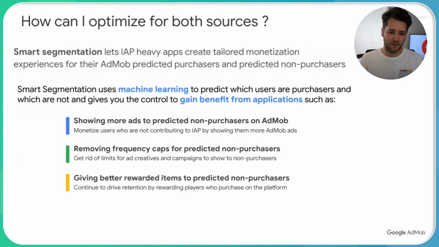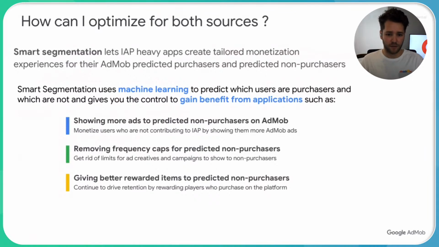If the user is looking for a freemium game and is not willing to pay for in-app purchases, we have a tool called Smart Segmentation, which uses machine learning to change the user experience based on predicted behavior.